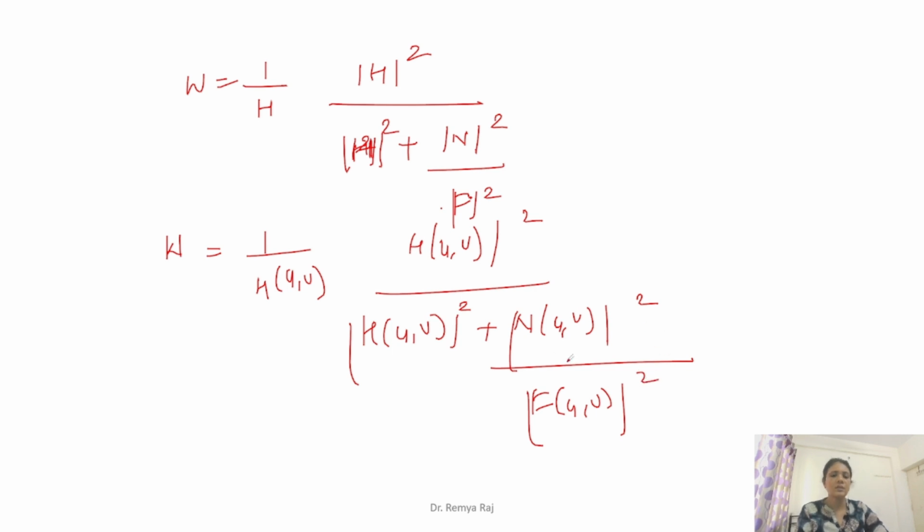Now this n of u comma v divided by f of u comma v is nothing but 1 by signal to noise ratio. Signal to noise ratio is signal divided by noise.